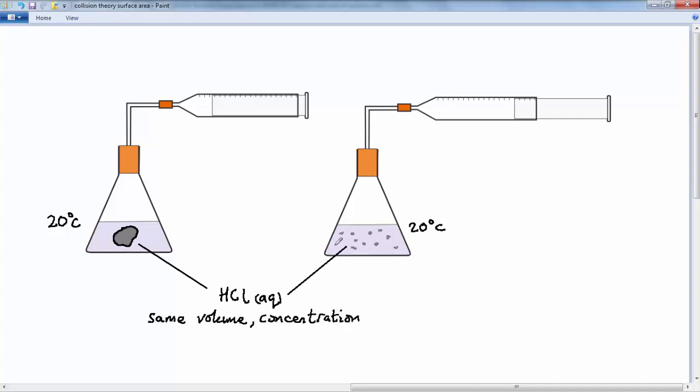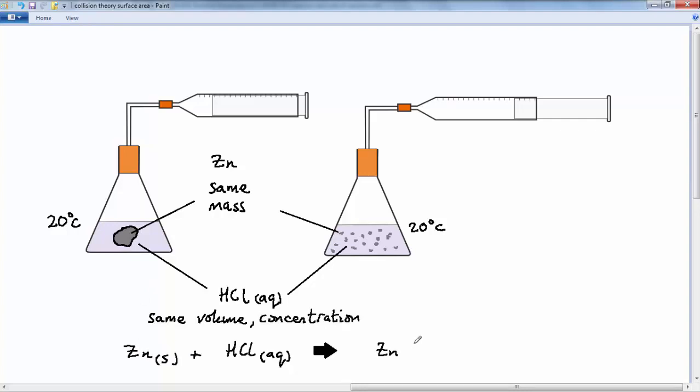So in one case we're using a lump of zinc, in the other case powdered zinc, but it's the same mass. And you remember from the previous lesson that the reaction between zinc and hydrochloric acid gives you aqueous zinc chloride plus hydrogen gas liberated.